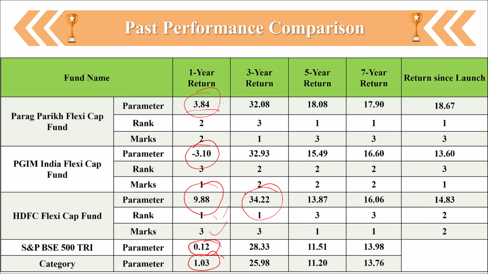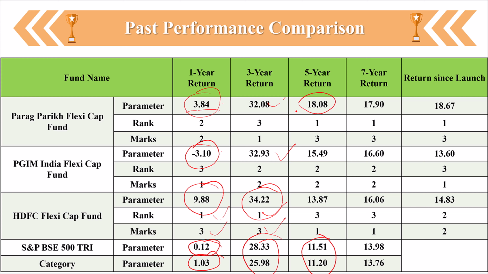Here you can see that all of these three mutual funds are able to beat the category average as well as the benchmark. Next is the 5-year return basis. In the 5-year return basis also, all three mutual funds are able to beat the category average, and the maximum return is from the Parag Parikh Flexi Cap Mutual Fund, that is 18.08%, which is very high as compared to the other mutual funds.